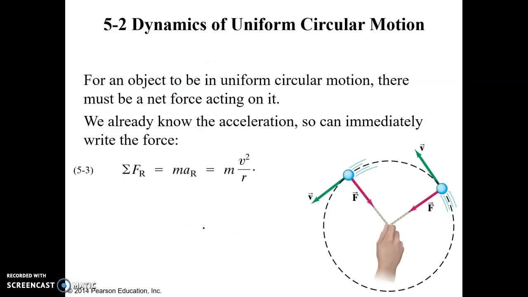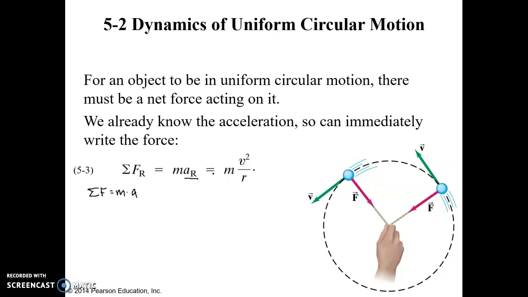So we learned earlier about Newton's second law of motion, that the sum of forces equals mass times acceleration. That still is true even when we're talking about centripetal acceleration. So Newton's second law of motion still applies. The sum of forces equals m times a sub r.